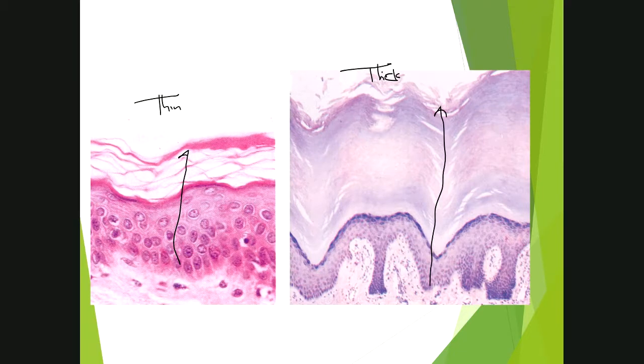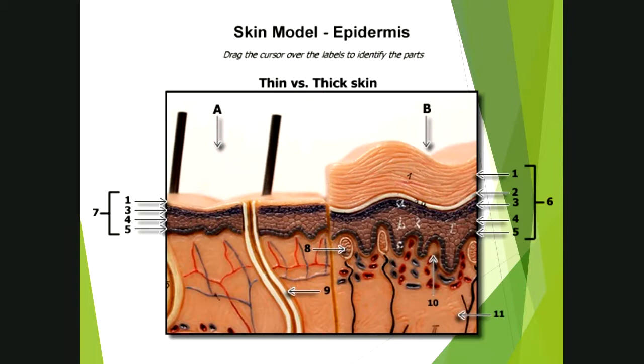So where are the hairs on the thin model? There are the hairs. Now, this is a microscope slide, so the hair might be here, it's off the slide, or it could be over here. We don't see it, but this is hairy skin. It's just not visible in this picture.